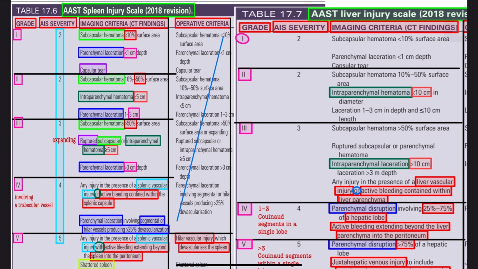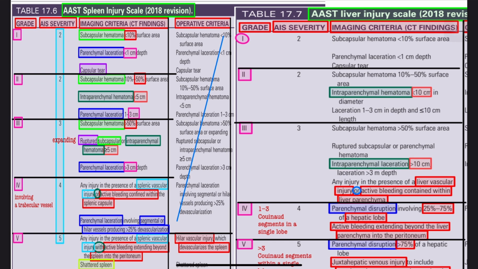Now come to grade 2. In grade 2, subcapsular hematoma is from 10 to 50%. Intraparenchymal hematoma is less than 5 centimeters, so again 50%, 5 centimeter. Parenchymal laceration was less than 1 centimeter before, and now it is up to 3 centimeter.